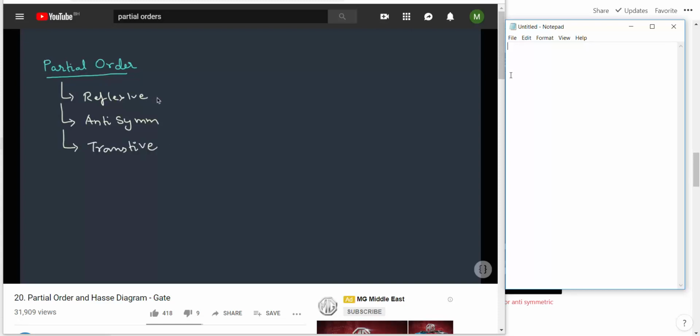Reflexive is, for every element, there is a relation onto itself. Antisymmetric is, if A has a relation to B, then it is not the case that B has a relation to A. Transitive, A relates to B and B relates to C implies that A relates to C. Let's say the relation here is P, and we're going to use the symbol less than or equal to represent the partial order.